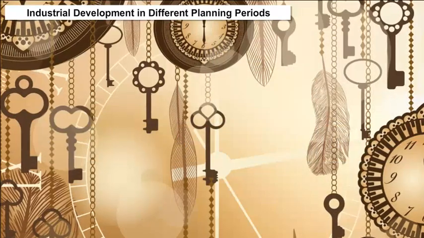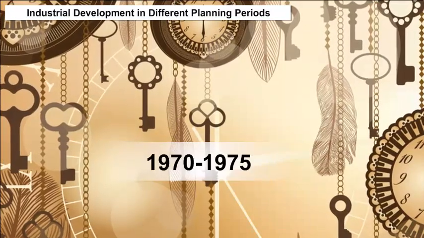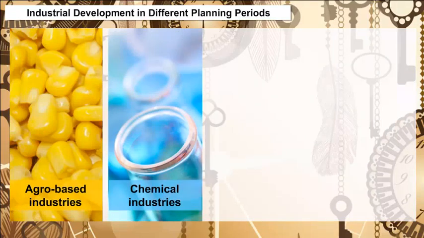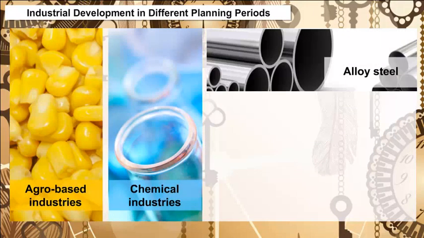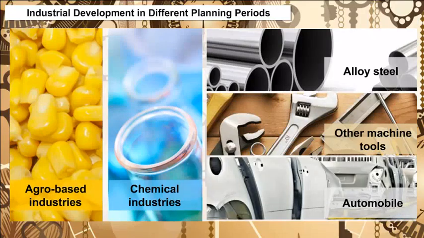During the fourth FYP, that is 1970 to 1975, the agro-based industries, chemical industries, specialized alloy steel, other machine tools, and automobile sectors were prioritized.